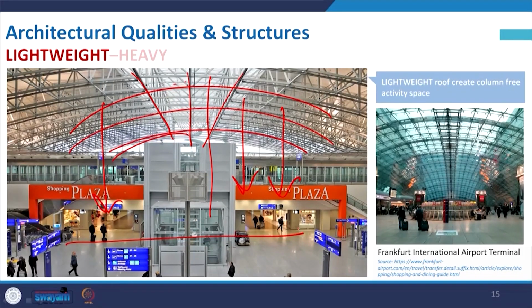So, make this structure very light. Even you see this huge span and look into the roof, it is looking very transparent, and only a few members are holding the load, the space frame and all, similar to this one also.